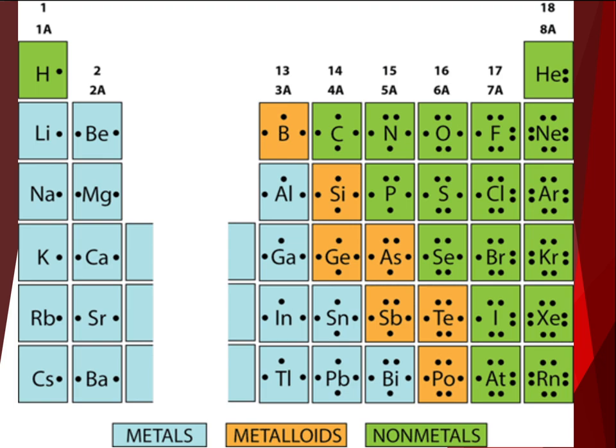As you move down this group, the number of energy levels increases. As these energy levels add layers to the structure of the atom, the valence electrons are located farther away from the positively charged nucleus, and more electrons are present in their inner energy levels.